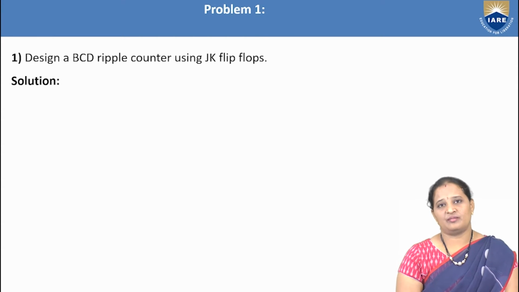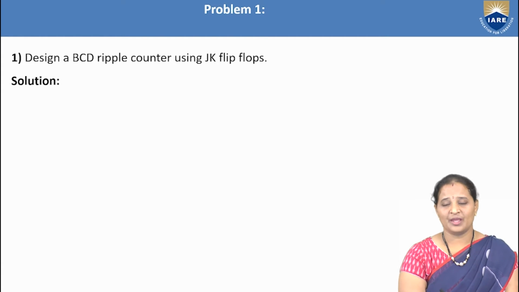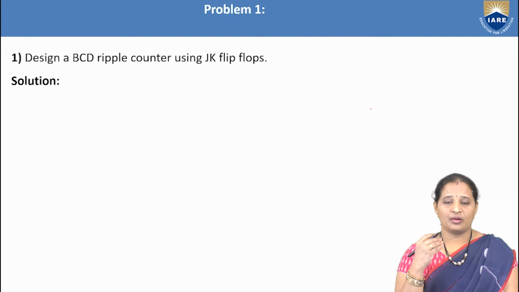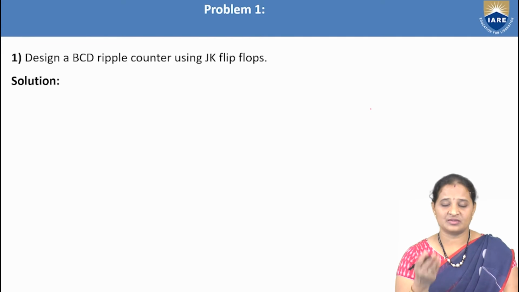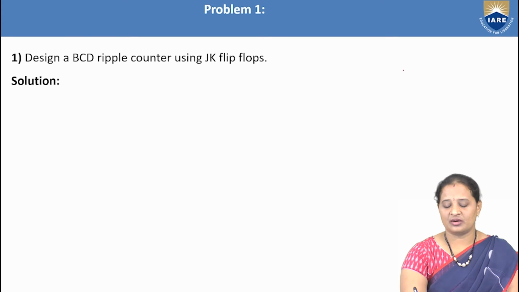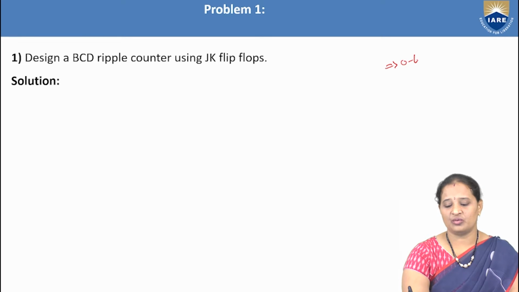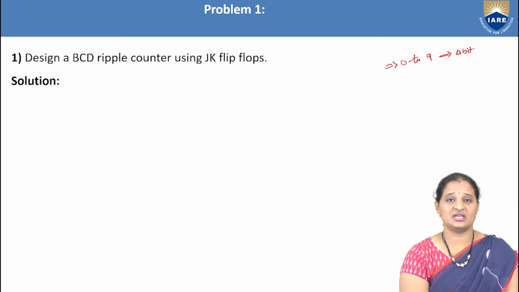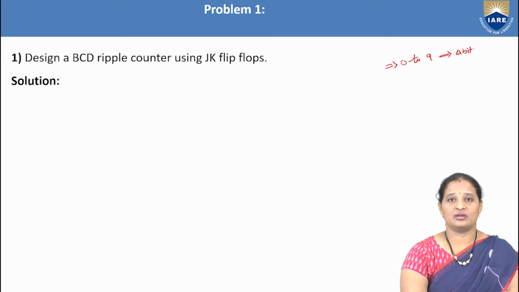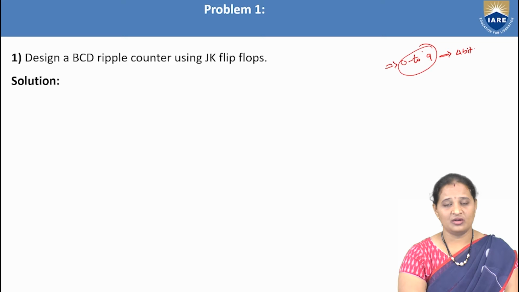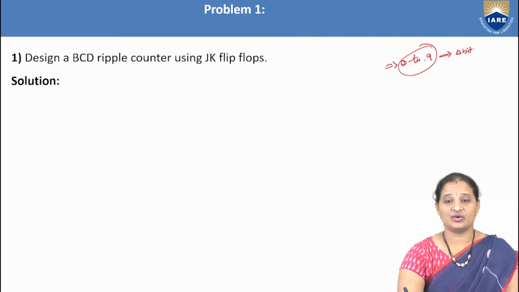So BCD counter means what? As we all know, BCD is a code in which we code the decimal digits 0 to 9 into binary. In order to represent 0 to 9 in binary, we require 4 bits. So we can say that BCD is a 4-bit number. As it is a BCD counter, I have to count 0 to 9.